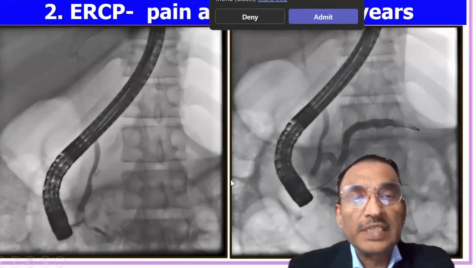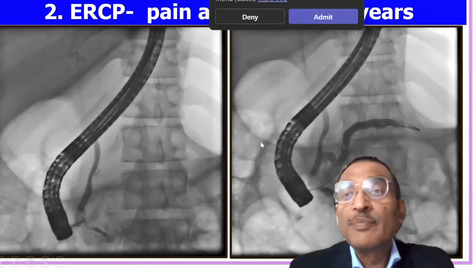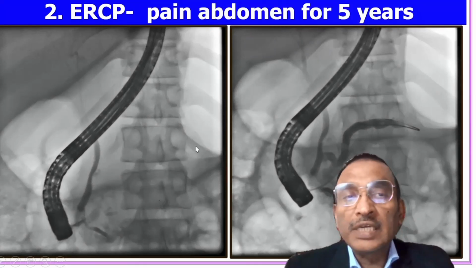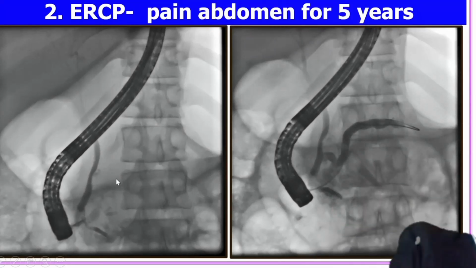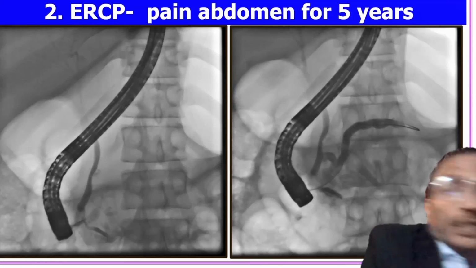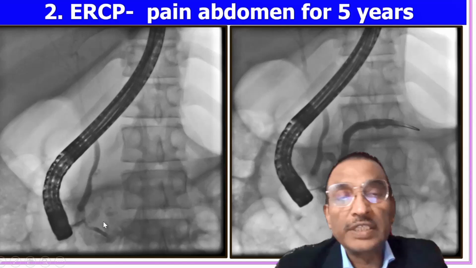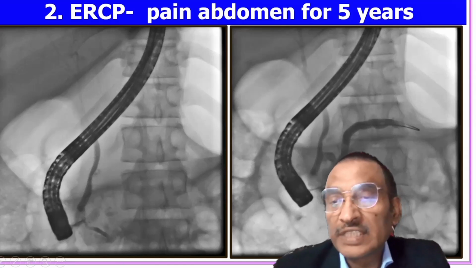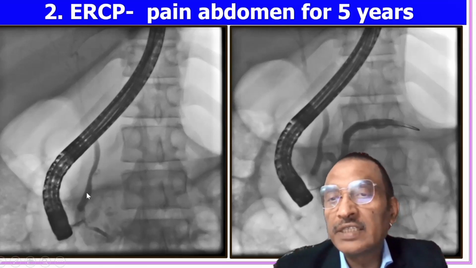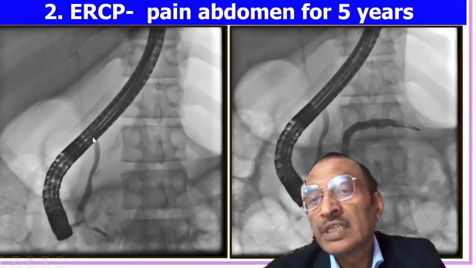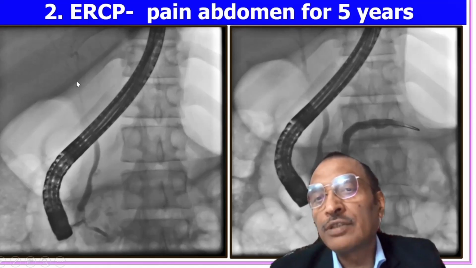So this is another patient, the second patient. So again, a cholangiopancreatogram. What you are seeing here again is that this duct is crossing the scope and then bifurcating at an acute angle.